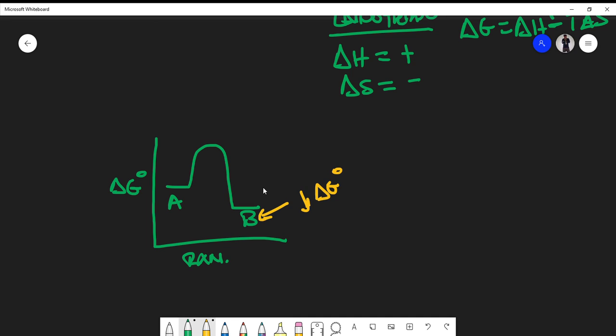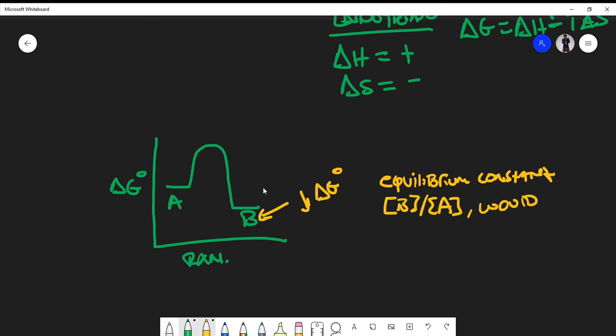What you would find happen as a result is that the equilibrium constant, in this case, we know our equilibrium constant is equal to the products over the reactants. So in this case, I'm going to say the concentration of B over the concentration of A. It would actually increase. Think about it.